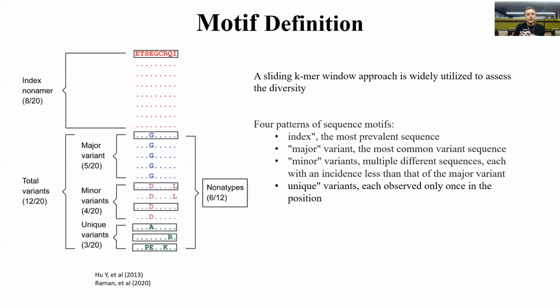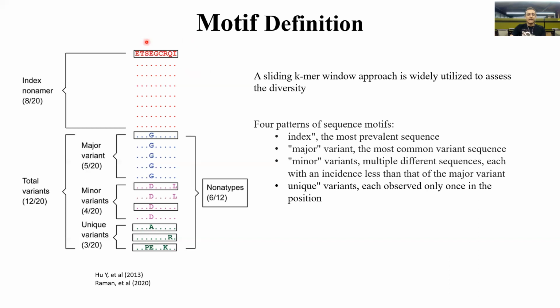And lastly, unique variants, each observed only once in the given alignment. So this collective incidence of the major, minor, and unique variants at each chimer position represent the total variant population for the position.